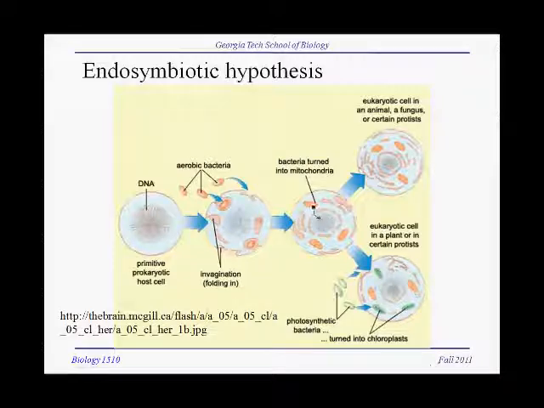Indeed, every eukaryotic cell contains mitochondria, and even parasites that have lost or don't have mitochondria appear to have had mitochondria at one time before they took up their parasitic existence. So here we have our ancestral eukaryote.